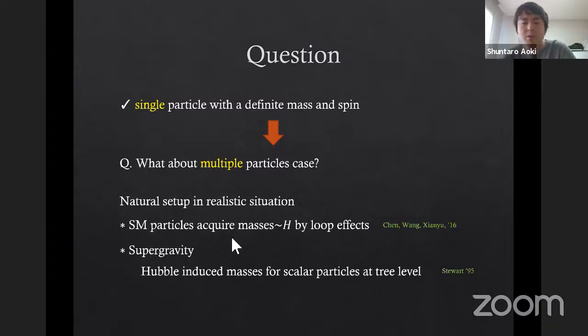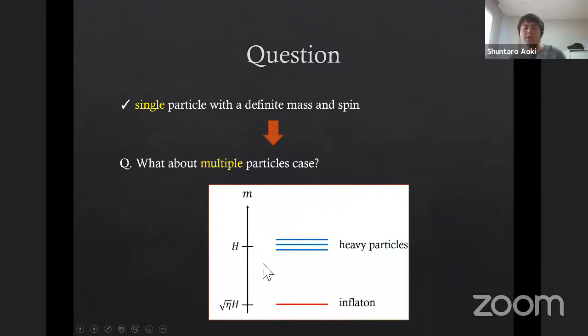For example, by this paper, it is known that several Standard Model particles acquire masses around the Hubble scale through loop effects during inflation. And in supergravity, the so-called Hubble-induced mass appears for scalar particles at tree level. So in those kinds of models, you naturally have masses of Hubble order. This is the situation we have in mind.